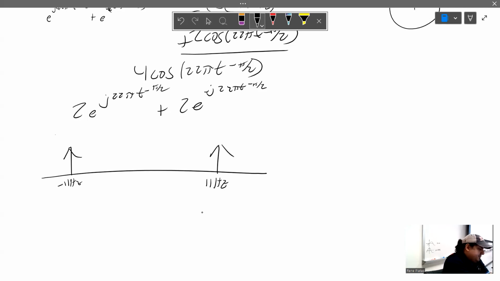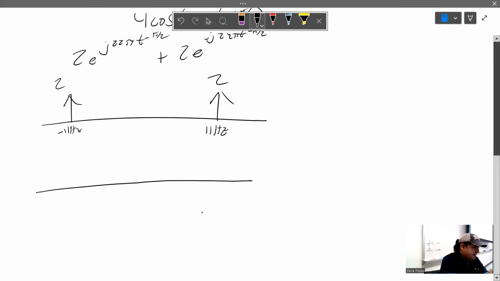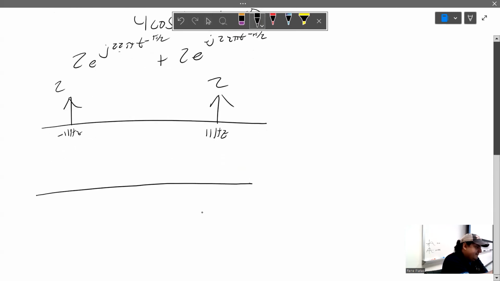Amplitude is 2. And the phase at positive 11 hertz is going to be negative pi over 2, and at negative 11 hertz it's going to be positive pi over 2.